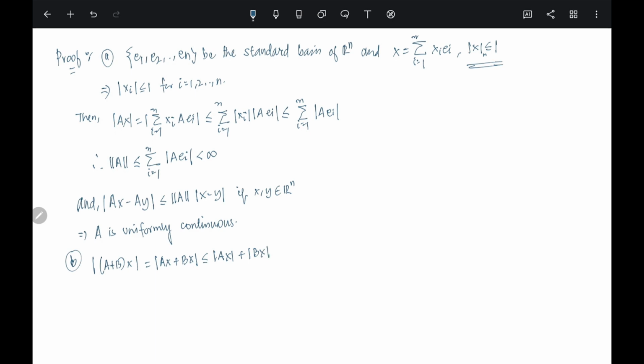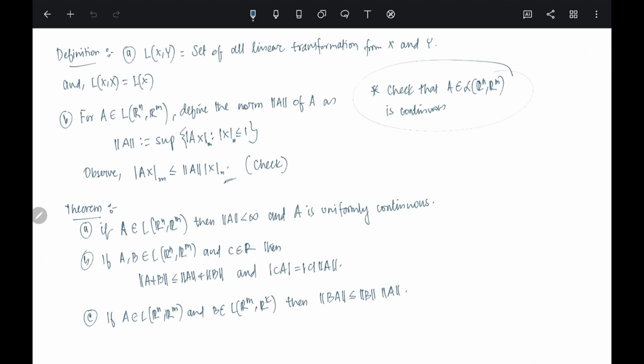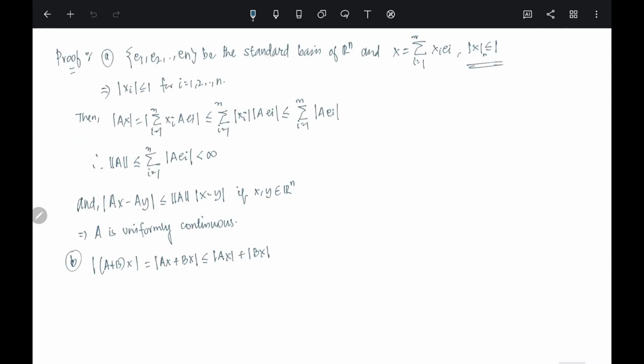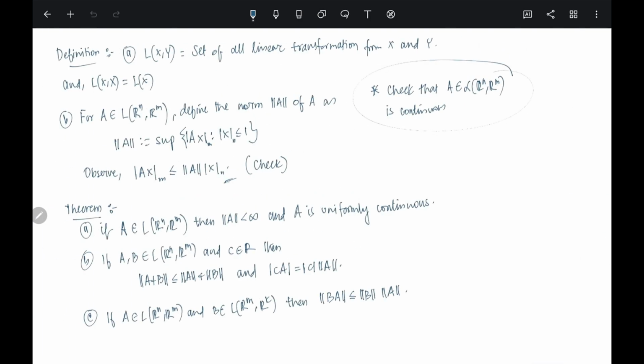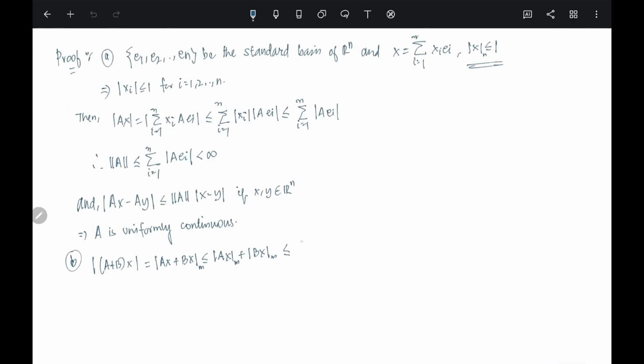See, A and B are maps from Rn to Rm. So Ax plus Bx is a vector in Rm, and since this vector is in Rm, I can use the triangle inequality in Rm. Clear? That is what I am doing. So this is again dominated by, using the inequality that the norm of Ax is dominated by the norm of A times the norm of x, the norm of A plus the norm of B, times the norm of x.